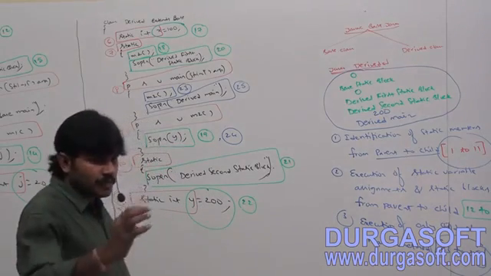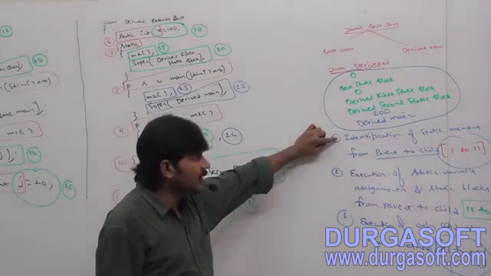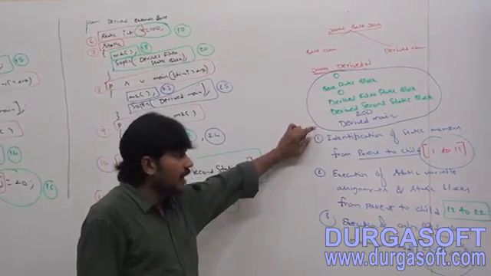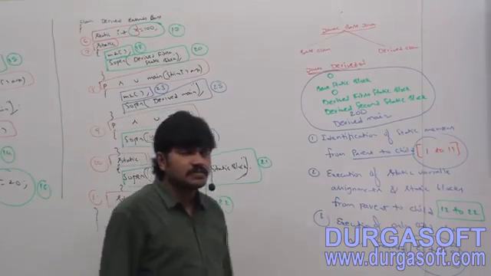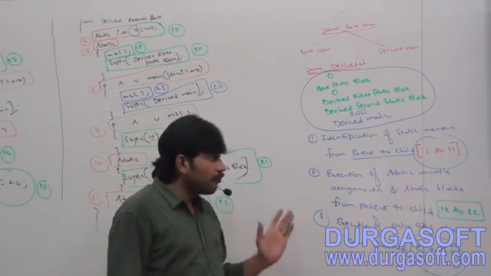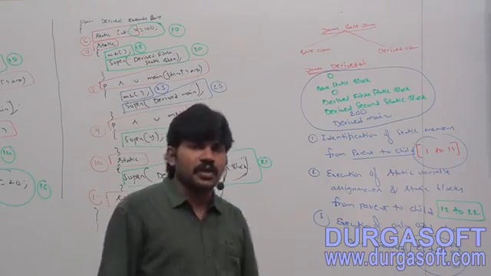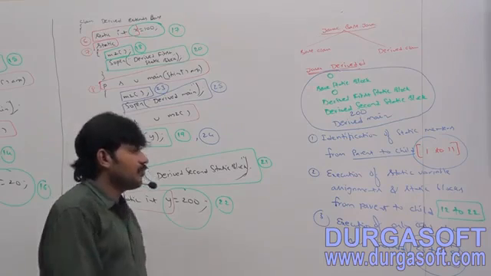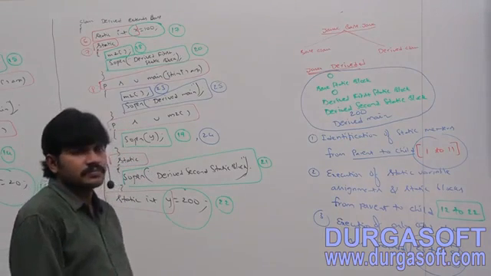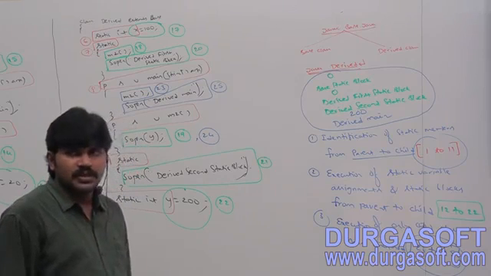First one, identification of static members from parent to child.